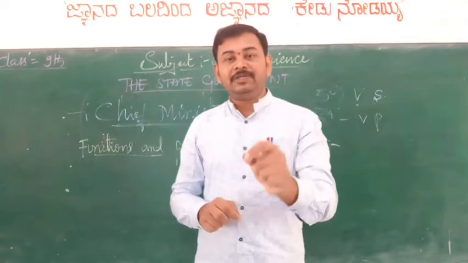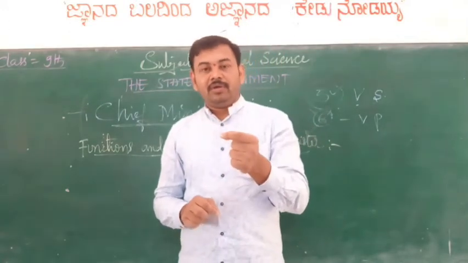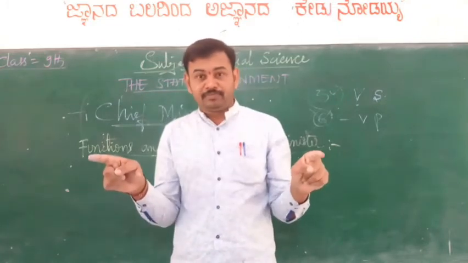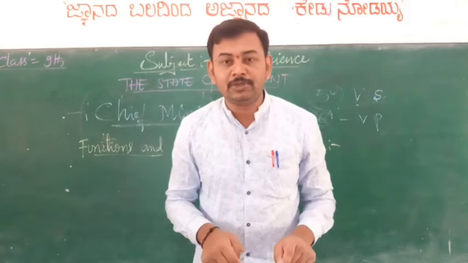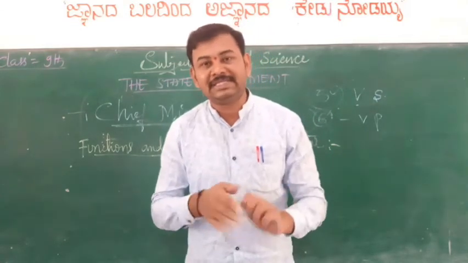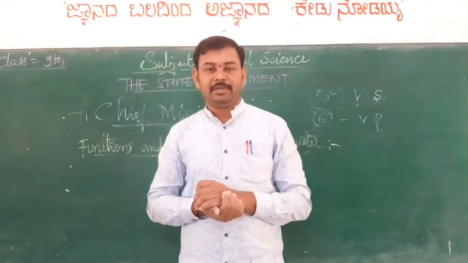See, when the chief minister gives the direction to the governor to dissolve or dismiss the legislative assembly, then the governor will dismiss or dissolve the Vidhana Sabha or legislative assembly.